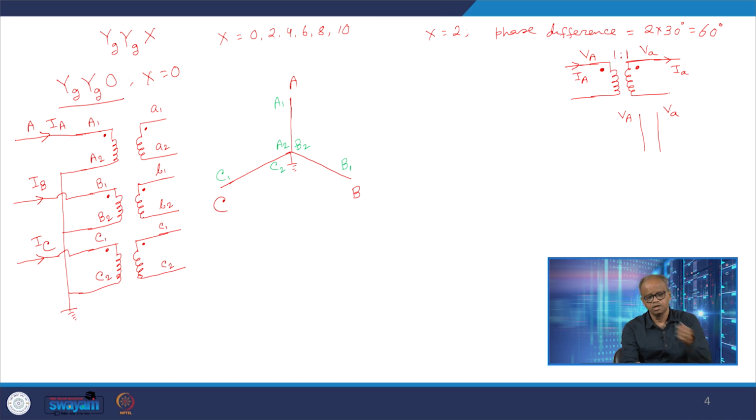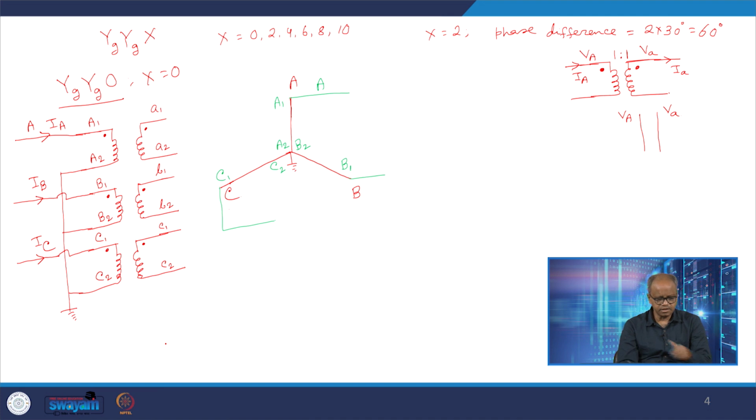Whatever connections we have made are also reflected here: A2, B2, C2 are connected together and grounded, and from side A we have taken phase A. So this is B and this is C.